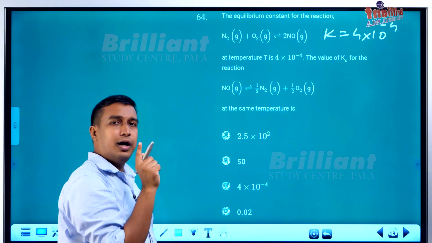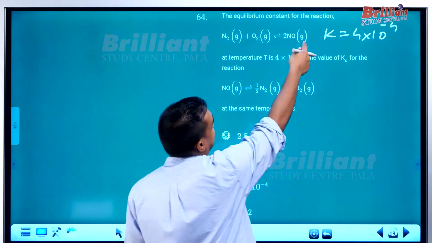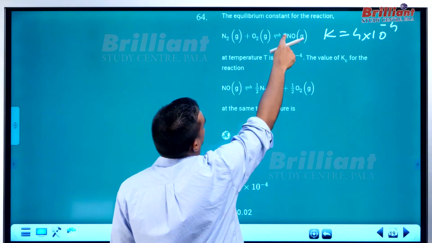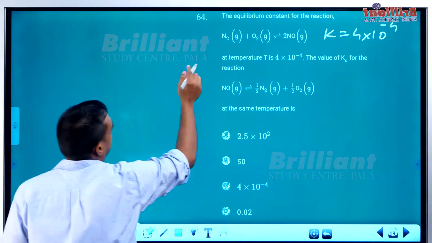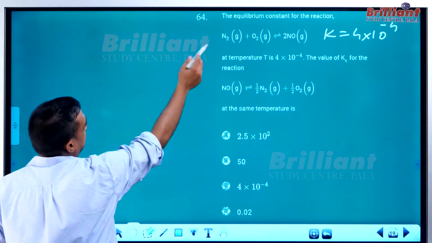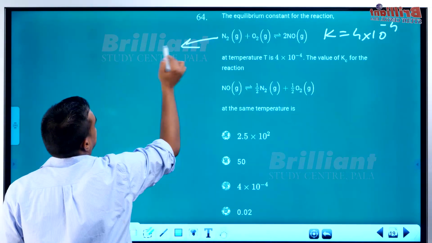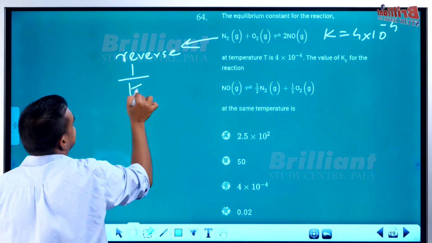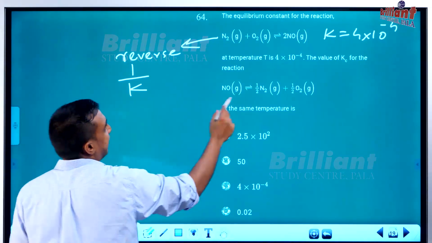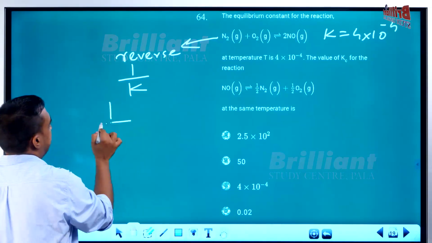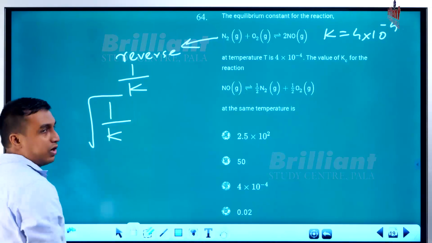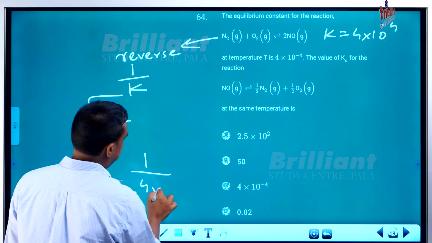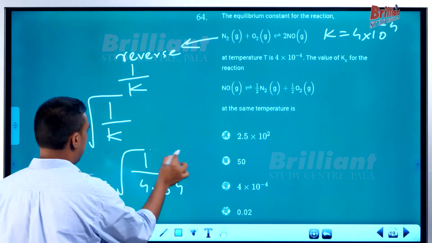When you are taking the reverse of this reaction, what will be the new K value? The reverse of this reaction, so it will become 1 by K. Plus I am dividing by 2, which means I will have to take the root of 1 by K. So what will this become? 1 by 4 into 10 power minus 4, whole root.